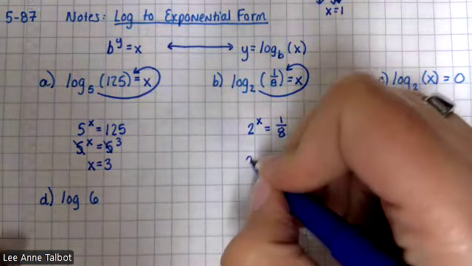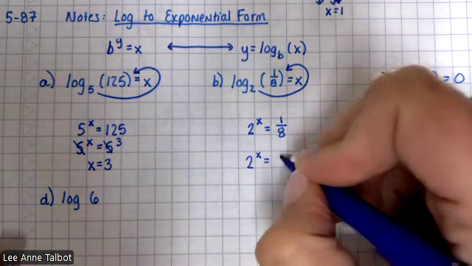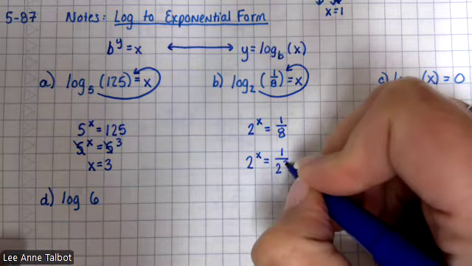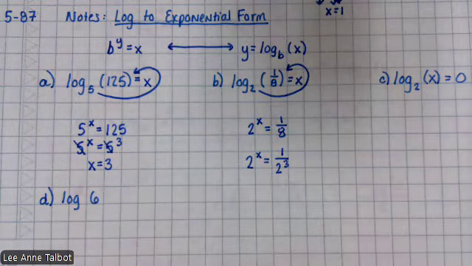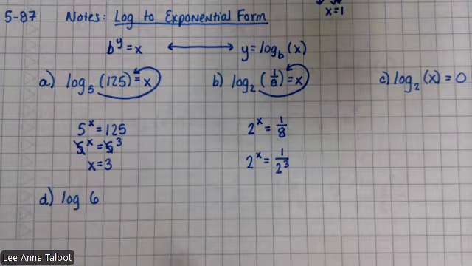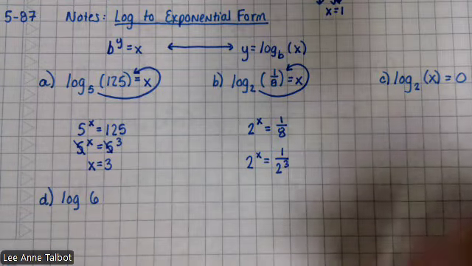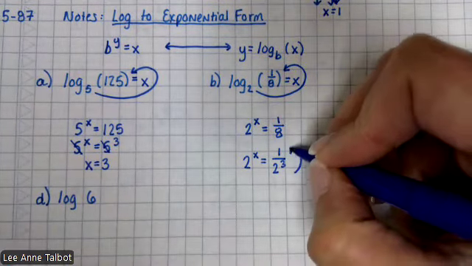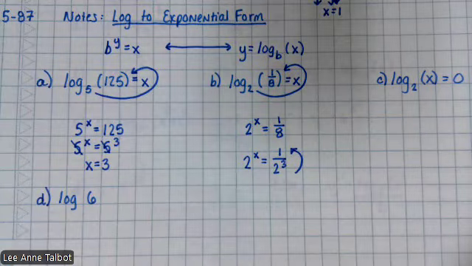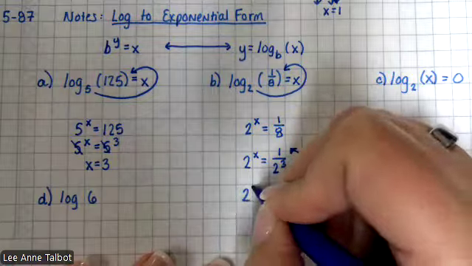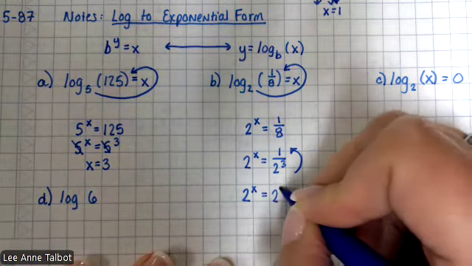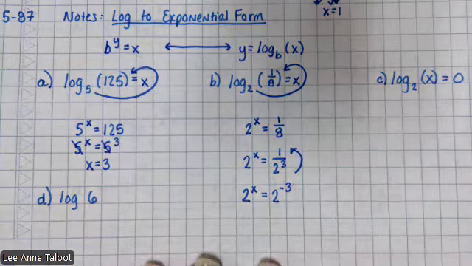So the first thing I'm going to do is make this 2 to the x equals 1 over 2 to the third, because 8 is 2 to the third. And then I'm going to bring it upstairs and say 2 to the x equals 2 to the -3.